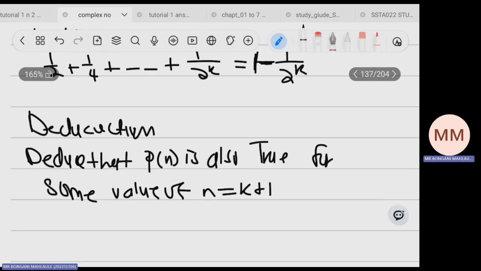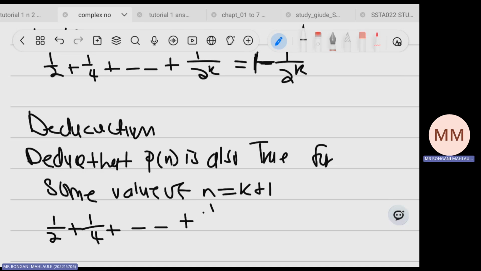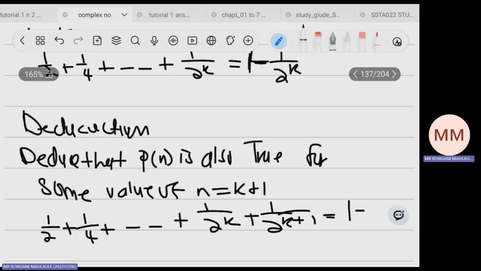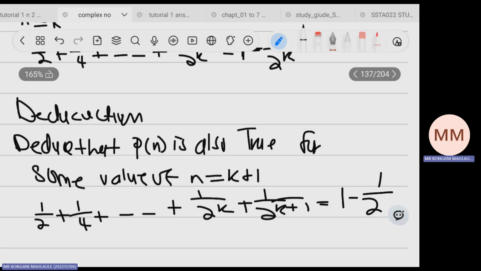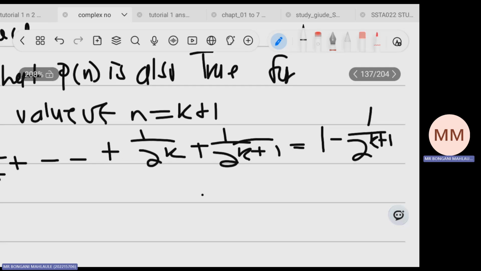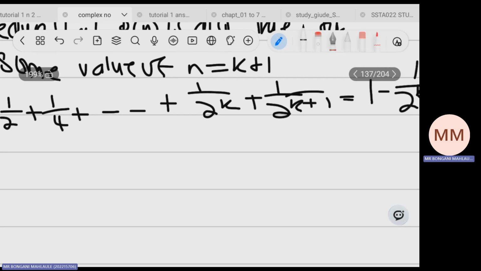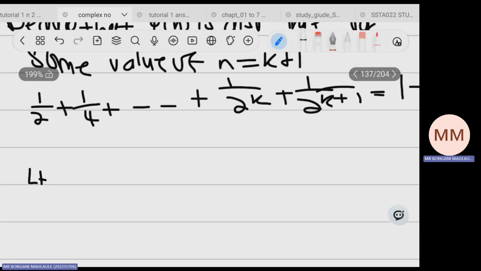So we already know we're having 1 over 2 plus 1 over 4. Then you'll add 1 over 2 to the k plus 1. Here you just substitute k plus 1 directly. So you can take the left hand side and manipulate it.